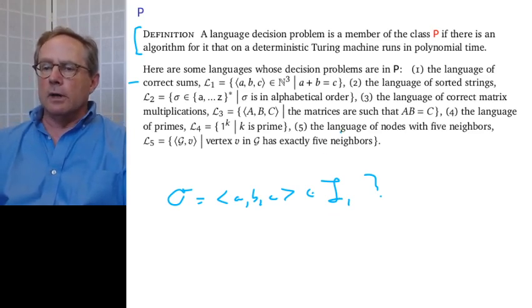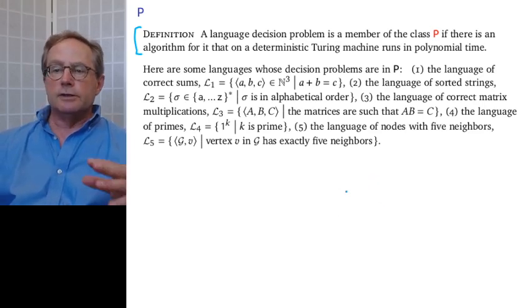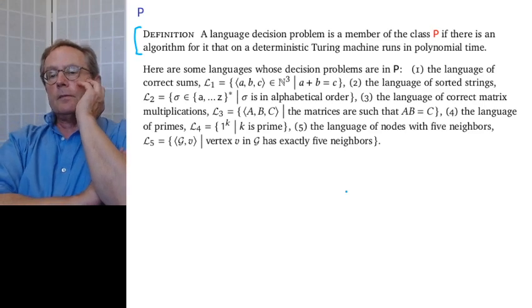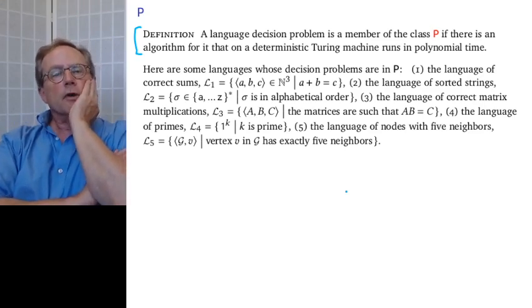Okay, what about a second example? The second example is the language of sorted strings. Somebody's going to give you a tuple containing a bunch of characters. Sorry, I misspoke.